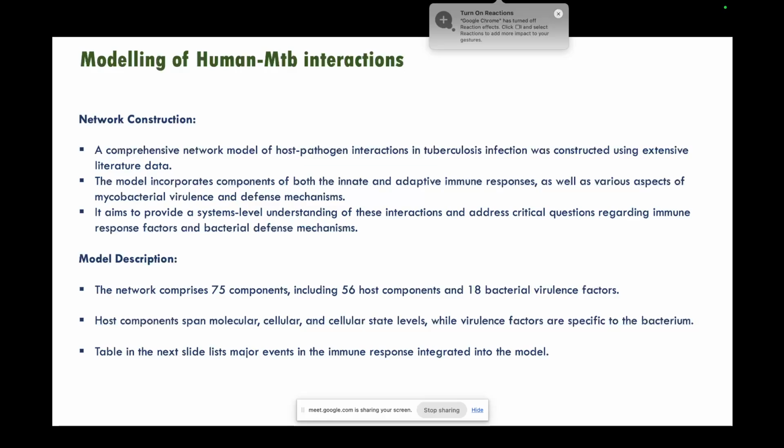The first step is the network construction. A comprehensive network model of host-pathogen interactions in tuberculosis infection is to be constructed using extensive literature data. We have discussed how to do this earlier as well. The model incorporates both innate and adaptive immune responses, because the response of our body to such an infection is not going to be very simple.